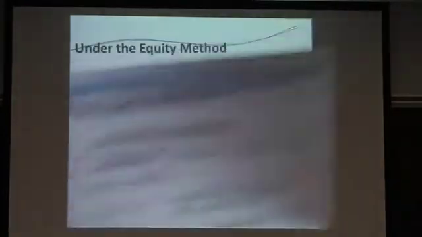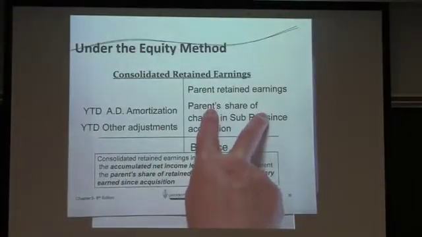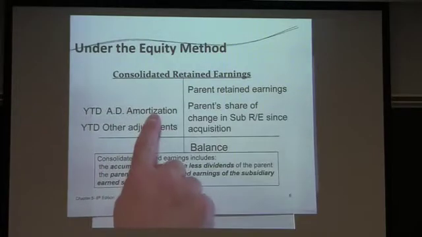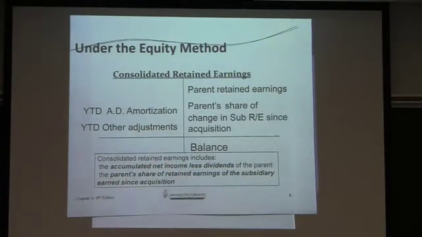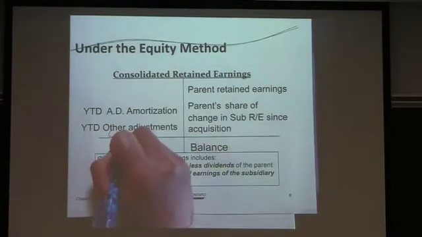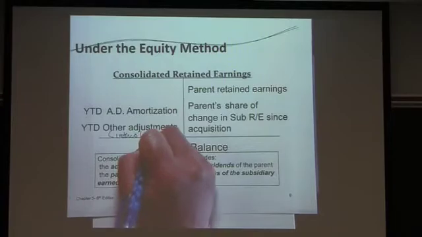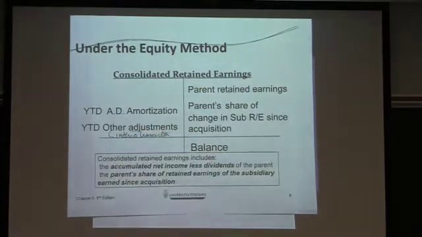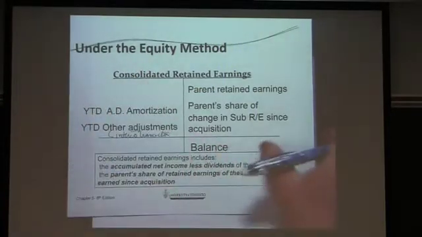Then we have our year-to-date amortization of the acquisition differential and any year-to-date other adjustment. Again, this relates to intercompany transactions, which we haven't looked at at this point. That determines our consolidated balance sheet.